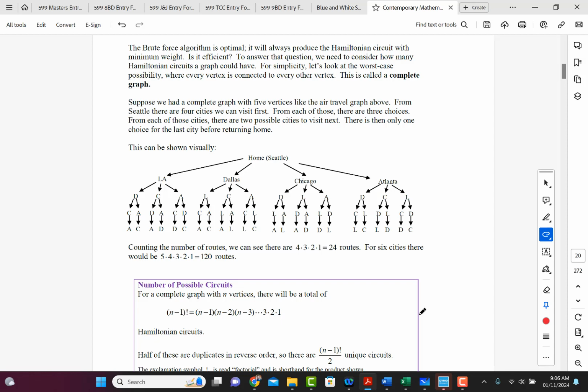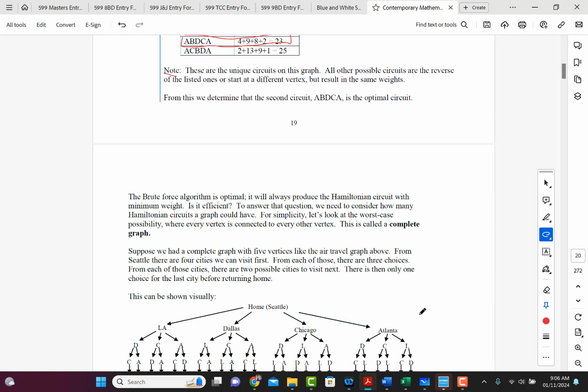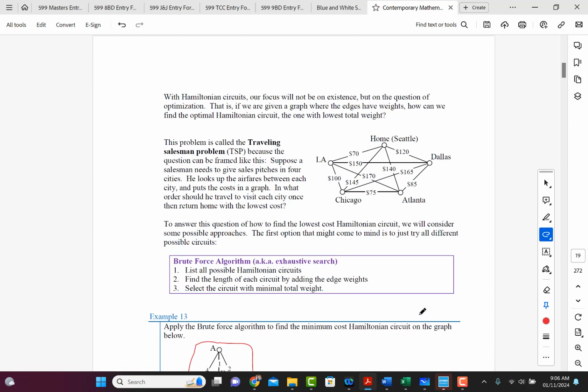For simplicity, let's look at the worst case possibility where every vertex is connected to every other vertex. This is called a complete graph. Now, suppose we had a complete graph with 5 vertices, like the air travel graph above. So let's go back to this one here.